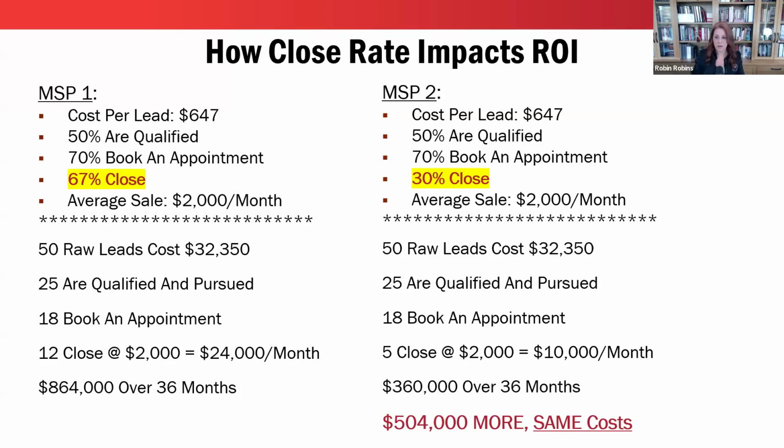Same average sale, he's generating $500,000 more in sales with the same cost, with the same prospects, with the same list, and not adding on to his cost, because his close rate, the cost is in generating the lead. The cost is already incurred. If you're not closing the deals, you're letting that money slip through your fingers.